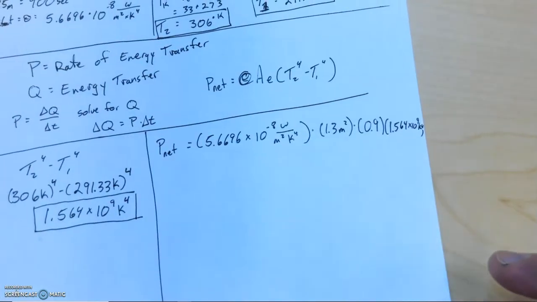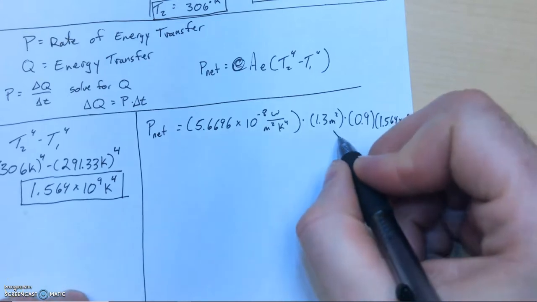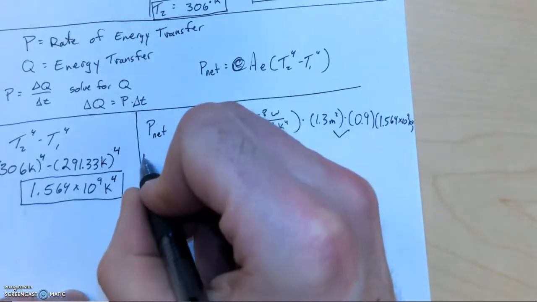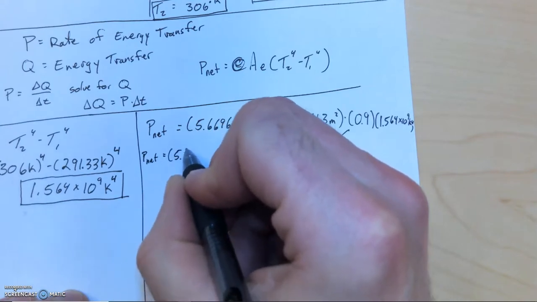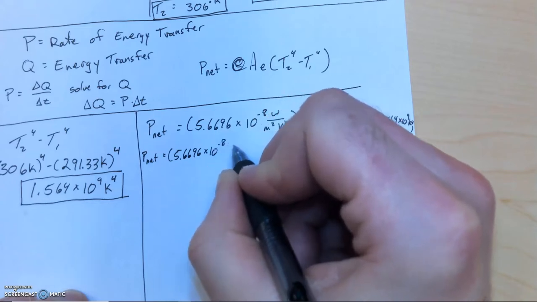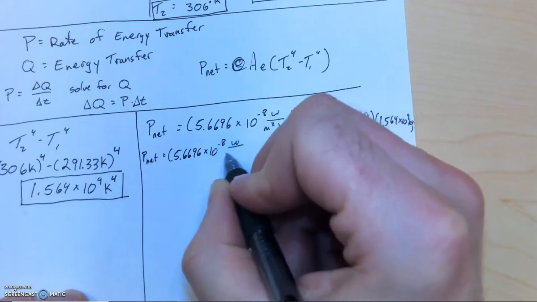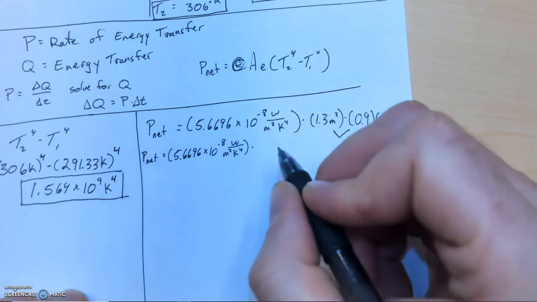We're running out of room. Anyway, so move all that over. First thing I'll do is I'll just combine those two. So we'll just shrink everything down. All right, 5.6696 times 10 to the negative eighth watts over meters squared Kelvin to the fourth times.